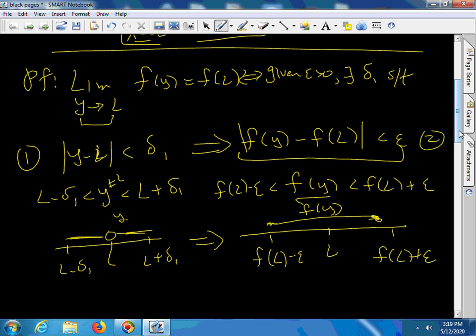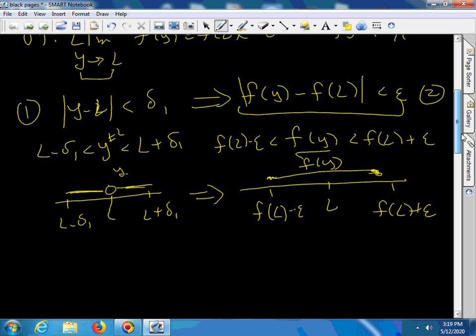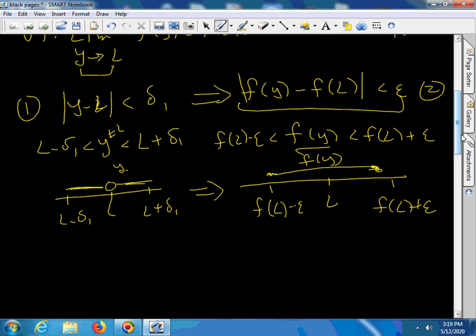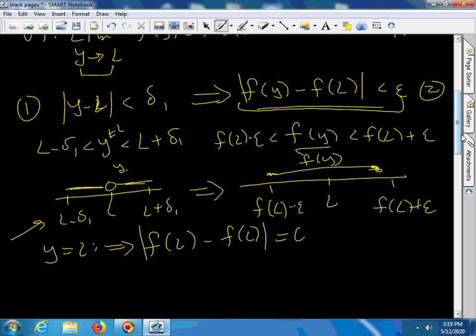Now, I want to update this graph right here. Suppose y equals L. Well, if y equals L, does that imply that f of L minus f of L in absolute value, which by the way is 0, is less than epsilon?